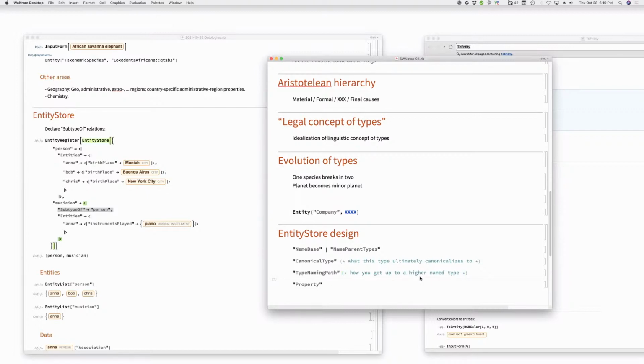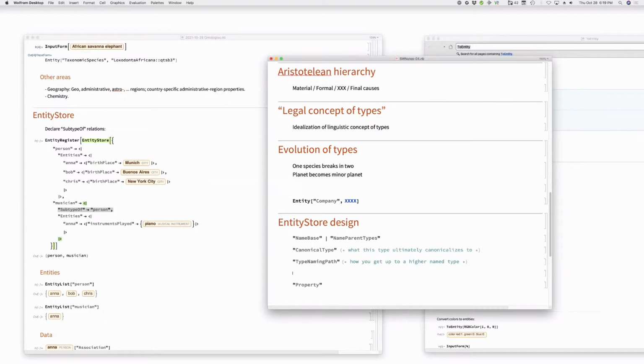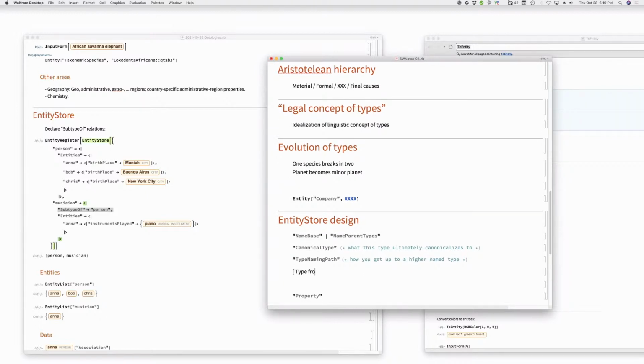Look, what you want is a type from which, okay, look, there's basically a type from which you inherit naming rights or naming characteristics. Exactly. And then there's the type, and that's a single type.